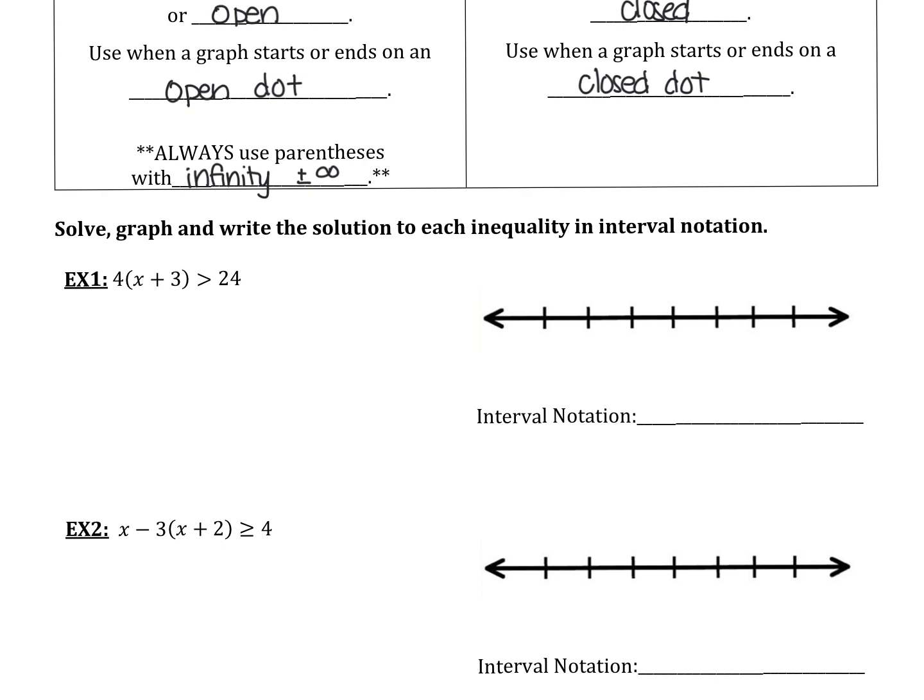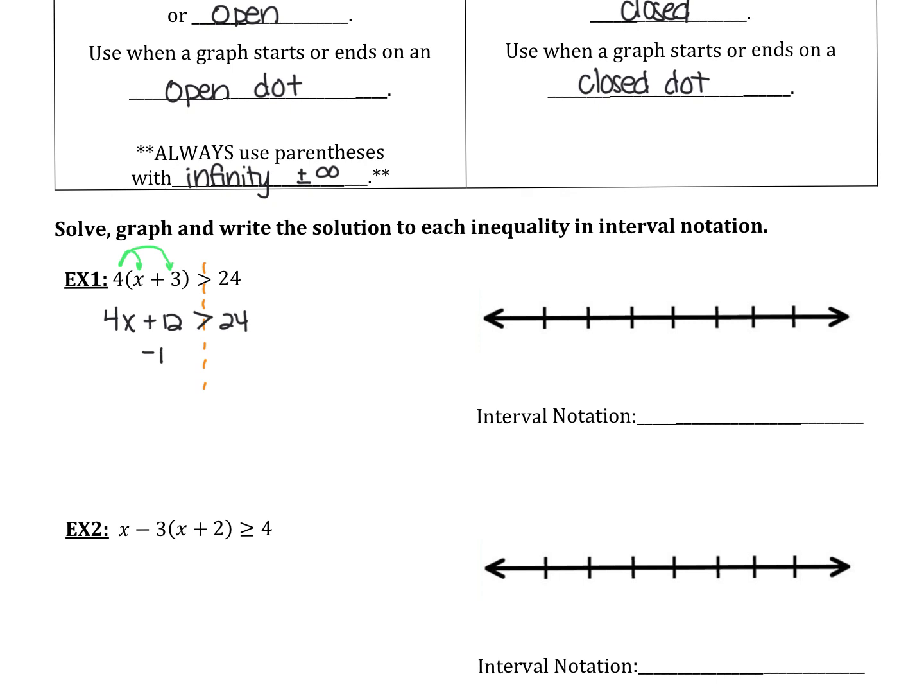I'm going to think about there being a line here, and what I do on the left-hand side, I've got to do to the right-hand side. Before I begin, I notice there's a distribution, so I'm going to start by distributing my 4 into both terms. And we get 4x plus 12 is greater than 24.